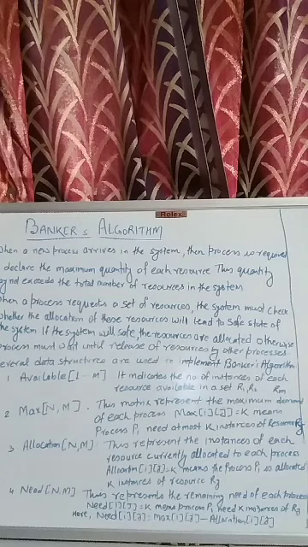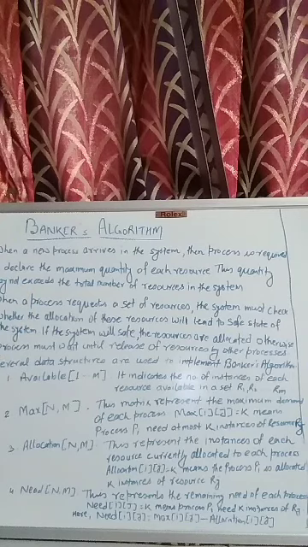If the system will be safe, the resources are allocated to the requesting process. Otherwise, the process must wait until the release of resources by other processes. This is the next issue.